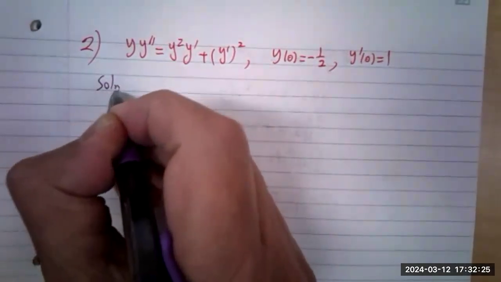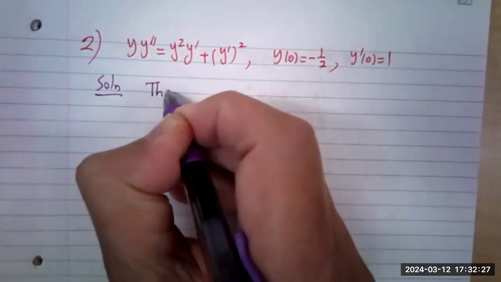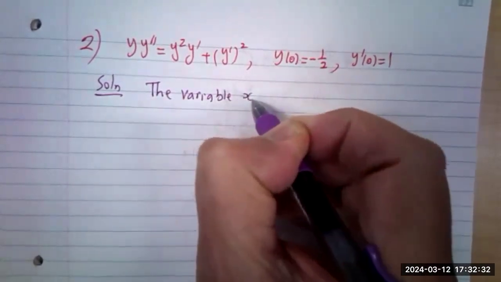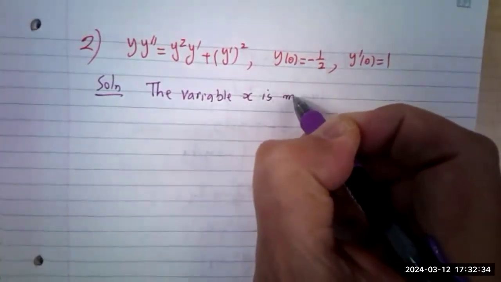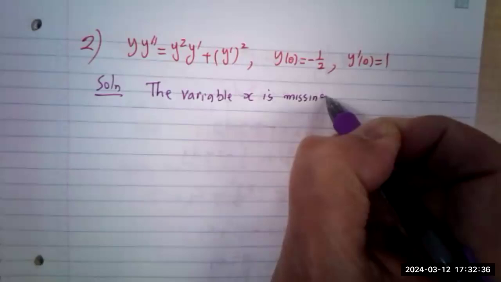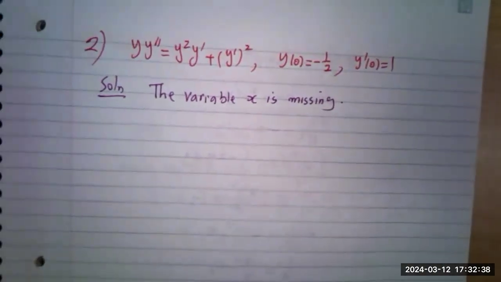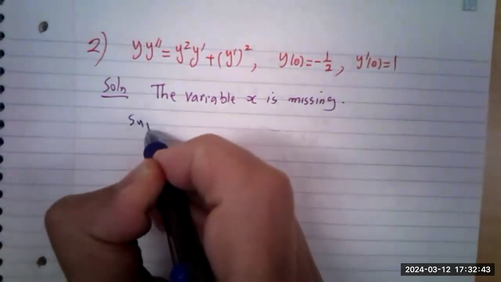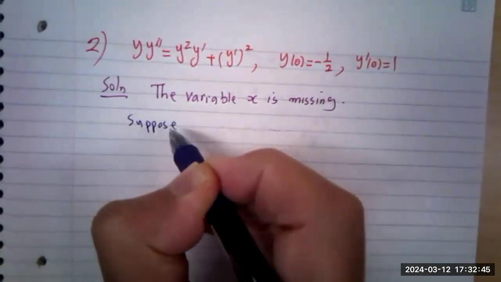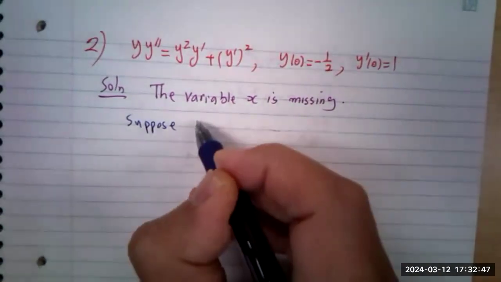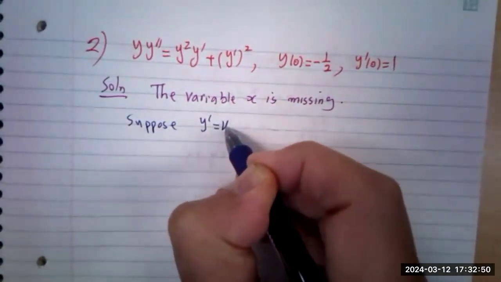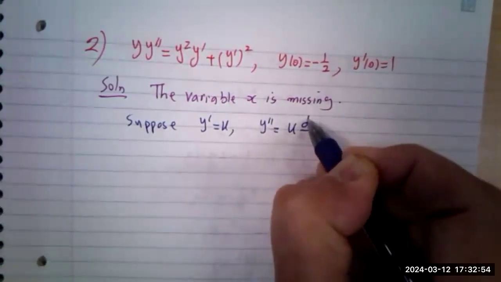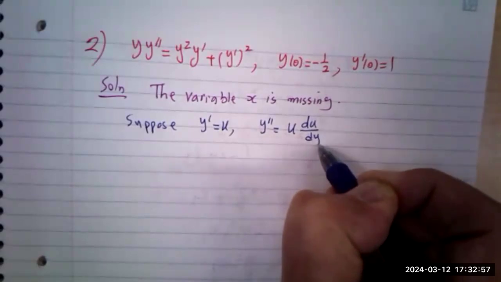Solution. Note that the variable x is missing, so your substitution will be of type 2. So we're going to suppose that y prime is equal to u, and y double prime is equal to u du/dy.